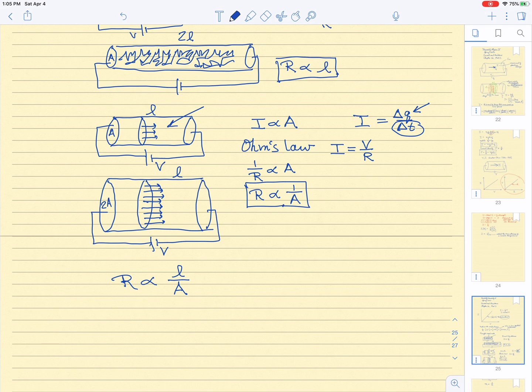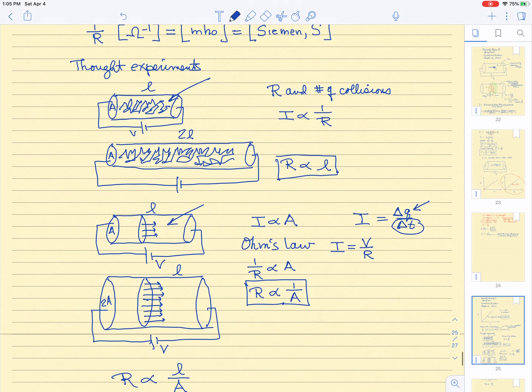So again, we assumed in both of these thought experiments that the material was the same. So if we used cylindrical samples of copper, then both of these would be copper.